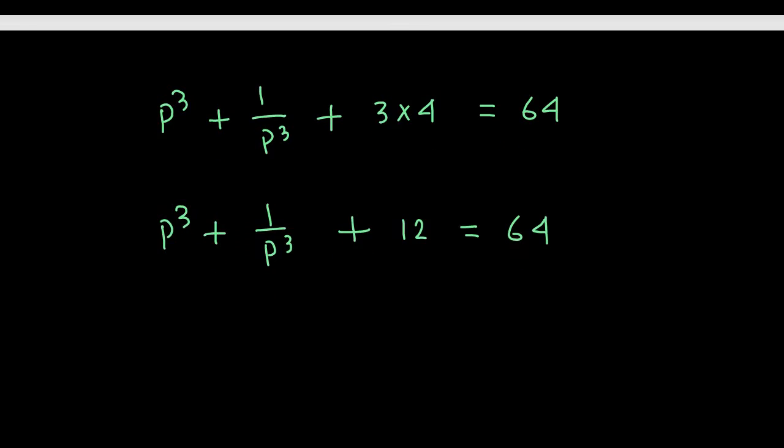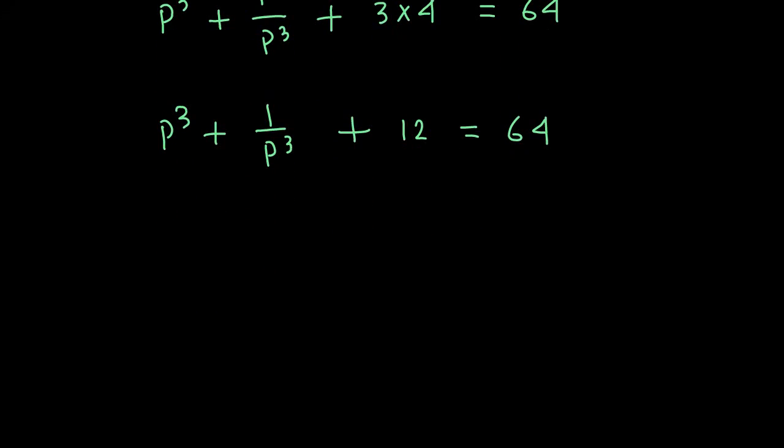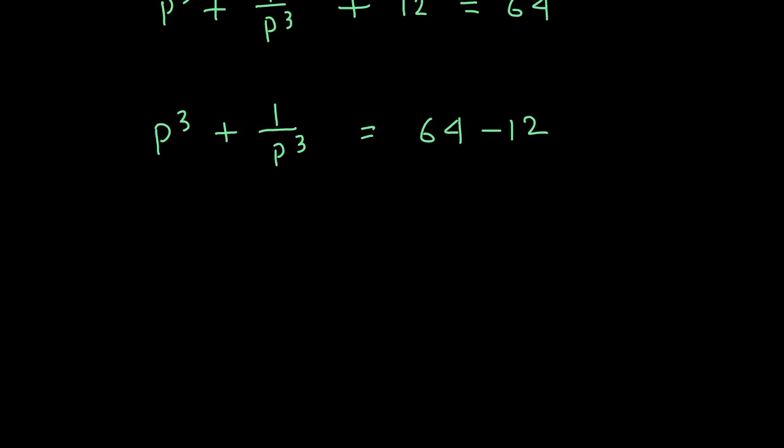If we take 12 on the right side, we can write p cube plus 1 by p cube equals 64 minus 12, or we have p cube plus 1 by p cube equals 52. This is our equation number 2.